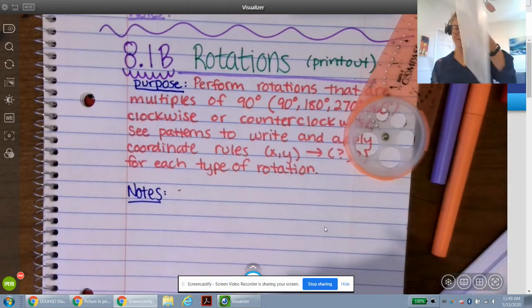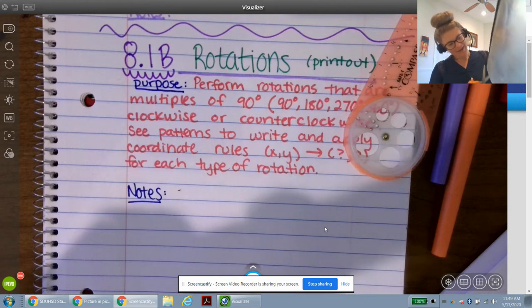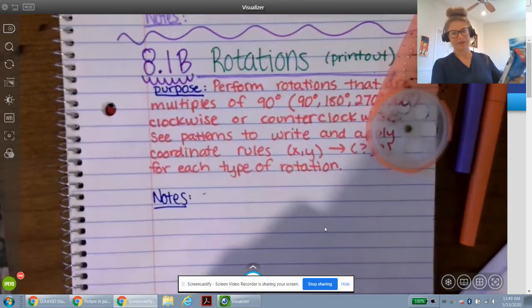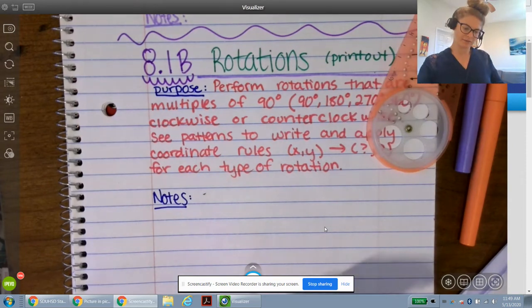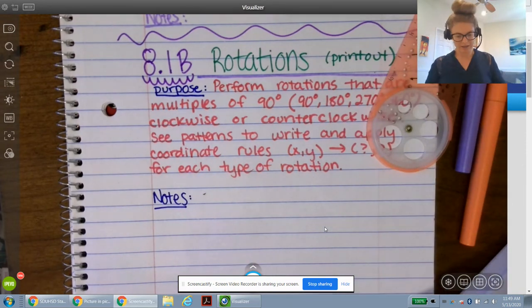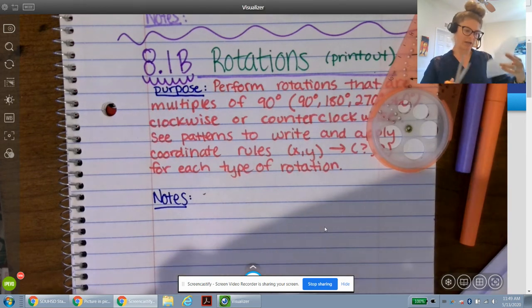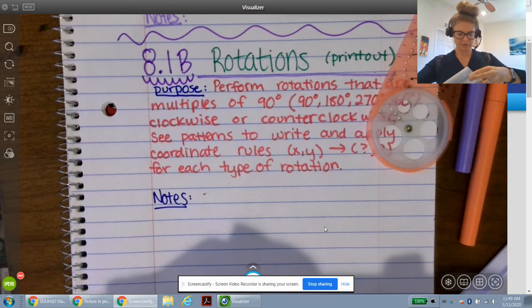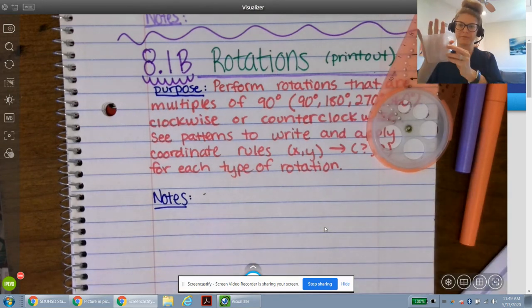I'm going to use some scissors and cut a square-ish piece, about the size of my palm.